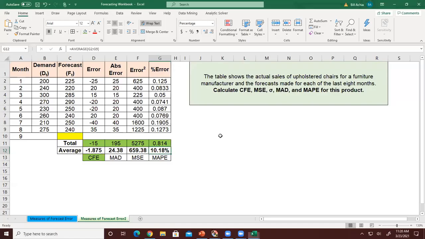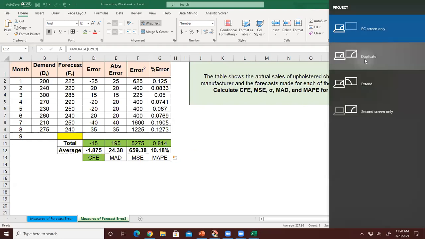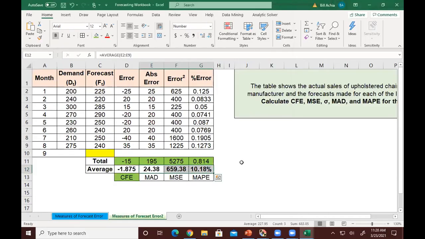All right, if you did it correctly, you'd have the responses I have here. The absolute error measure is just taking your error column, getting rid of the negative signs, and you come up with the values over here, and then get the average for that, and that gives you the mean absolute deviation, which tells me that on average this forecast is off by around 24 units.